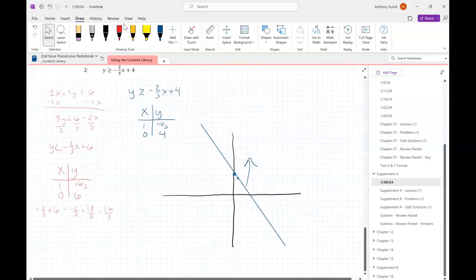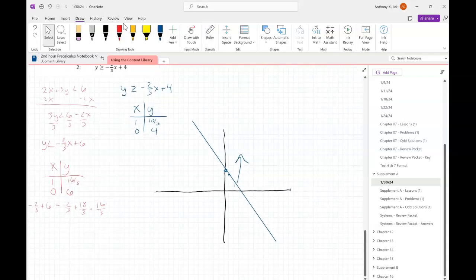All right, let's do the red one now. Same idea, right? So 0. Oh my goodness, Mr. Kulik, that's supposed to be a 2. Six divided by 3 is 2.